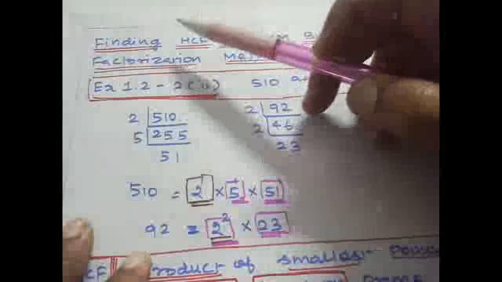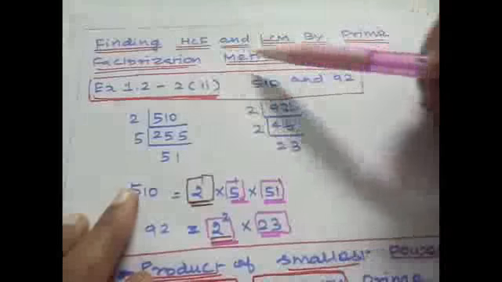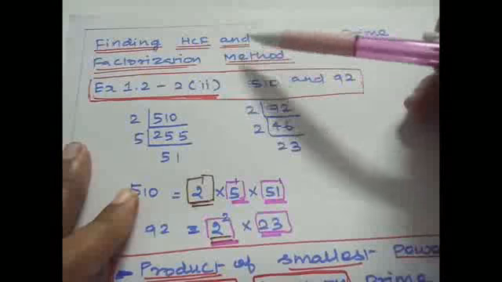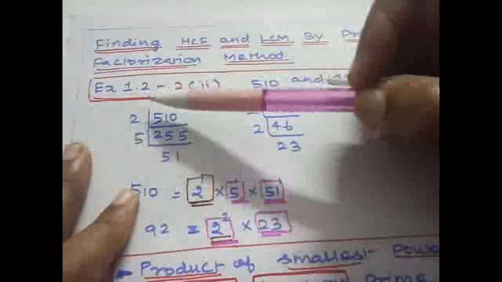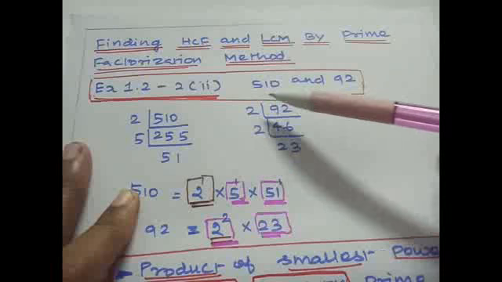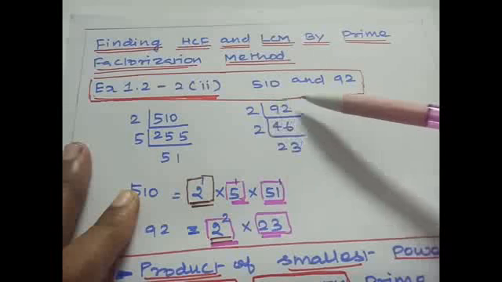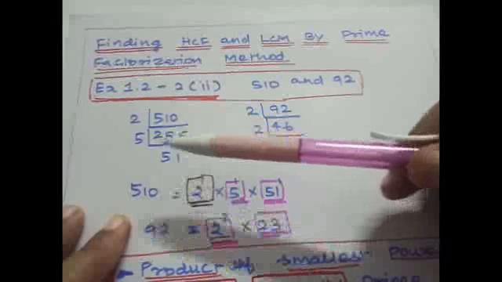Next we can see finding HCF and LCM by the prime factorization method. For this concept, we can see exercise 1.2, second sum, second division. You have to calculate the HCF and LCM for 510 and 92. For 510, I have done the L division.